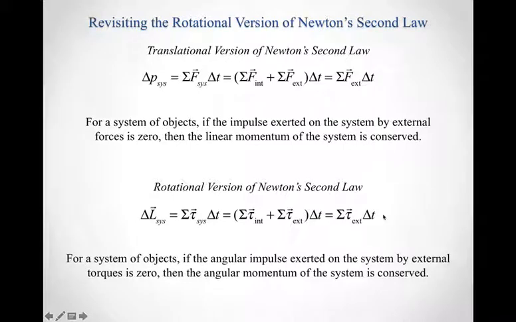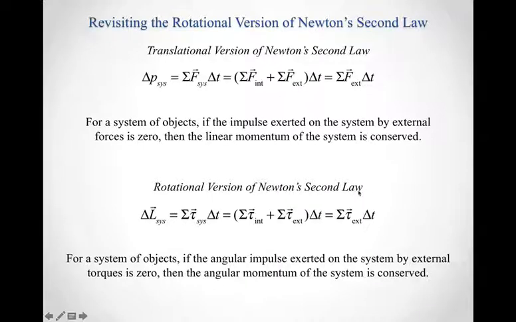So again, for a system of objects, the angular impulse exerted on the system by external torques is going to tell you how that angular momentum changes. And if that net external impulse is zero, then the angular momentum of your system will be conserved.